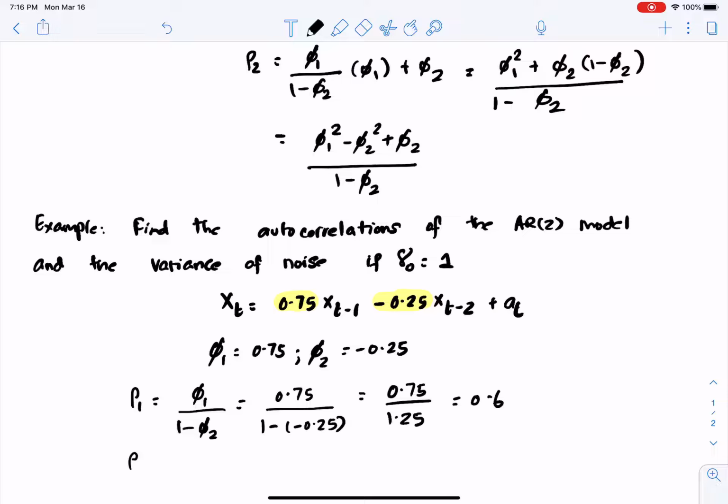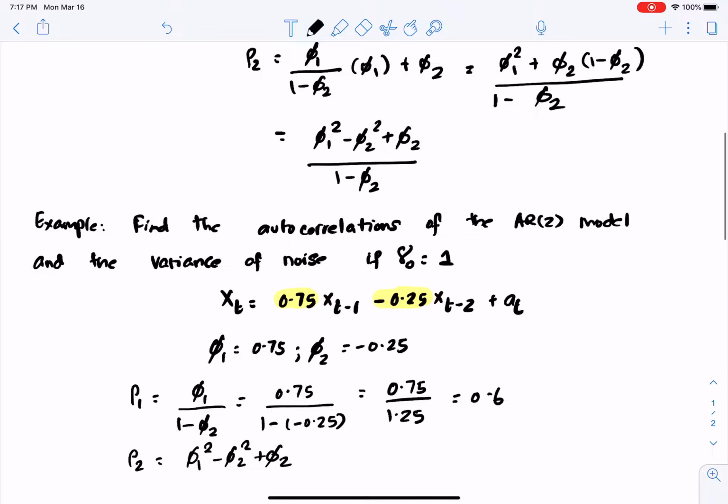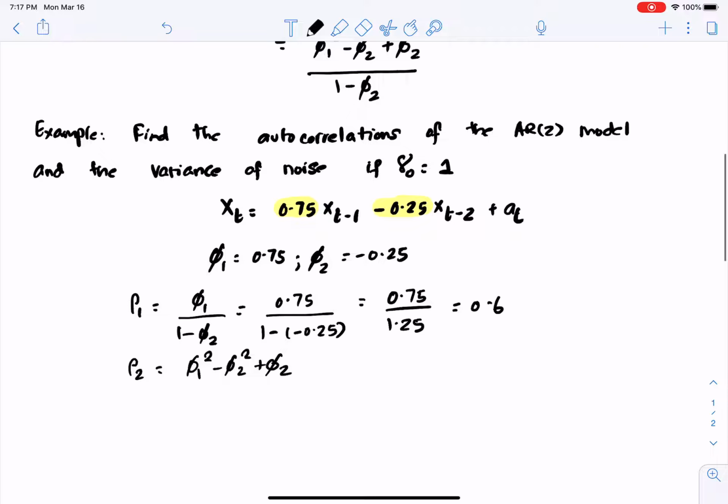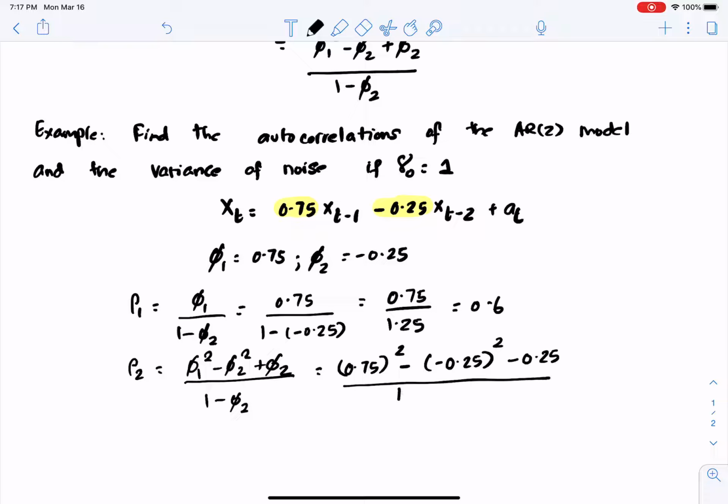And rho 2 is phi1 squared minus phi2 squared plus phi2 divided by 1 minus phi2. So 0.75 squared minus 0.25 squared minus 0.25 divided by 1 minus 0.25.